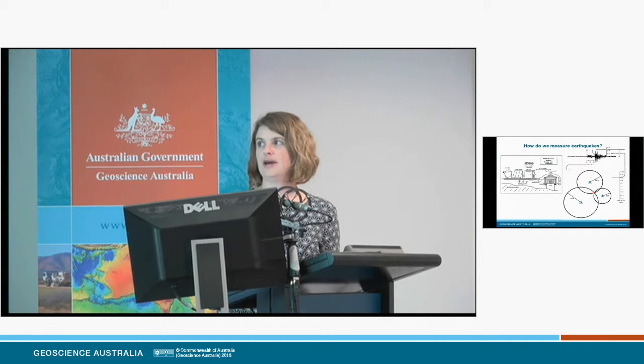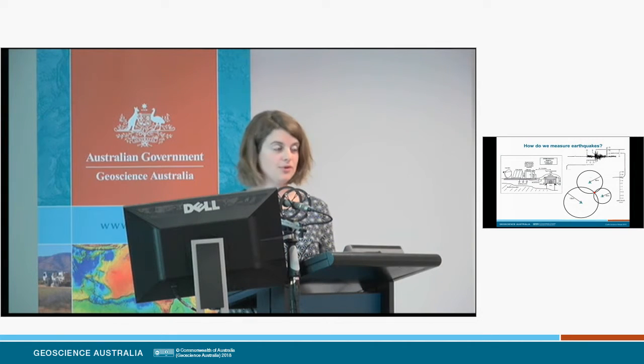So this is for 3 seismic stations. With more seismic stations we can reduce the error of the earthquake's location. And this sort of thing is done automatically by our system in the Tsunami Warning Centre.